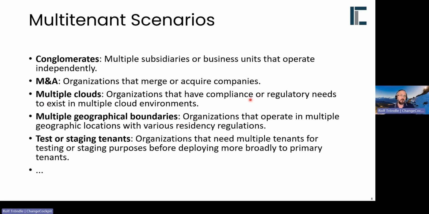Let's say we have organizations that operate in multiple locations, again with various residency regulations. But be aware, different tenant environments like a DoD tenant or a government tenant in the US cannot do a multi-tenant organization with a normal commercial tenant. This will be noted in a later slide as well.